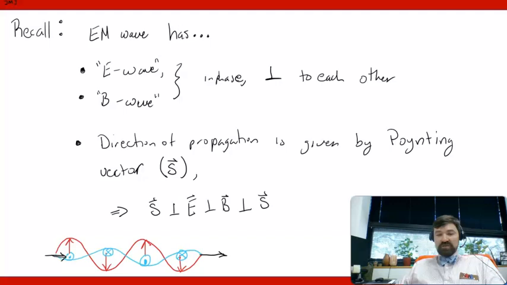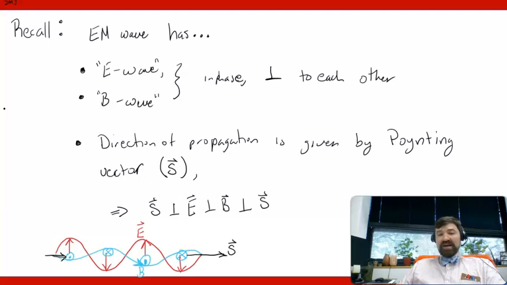So this is locally what my Poynting vector S should be doing. I could label these as E and as B. So B is in and out of the page, E is vertically up and down, and S is left and right, and specifically in this case to the right.